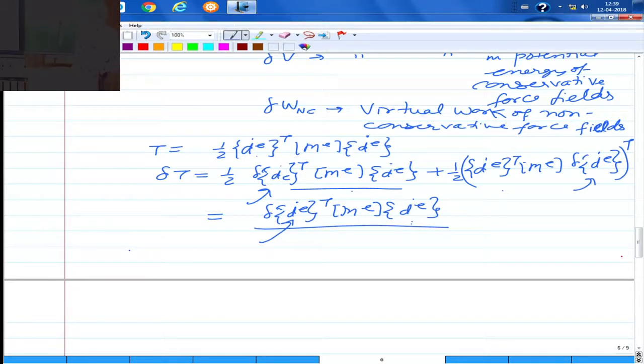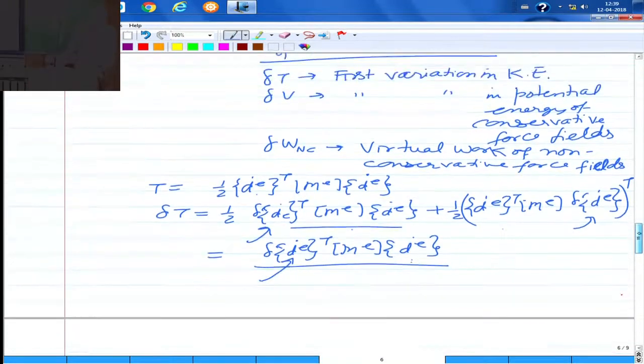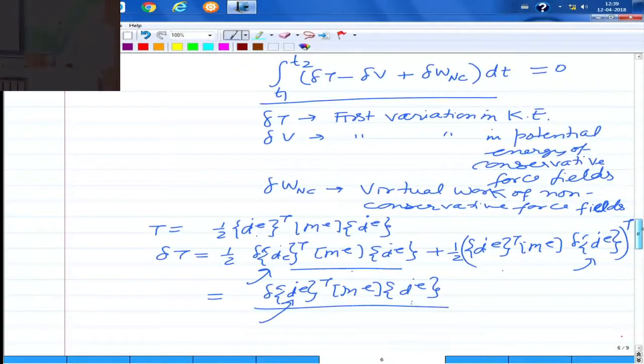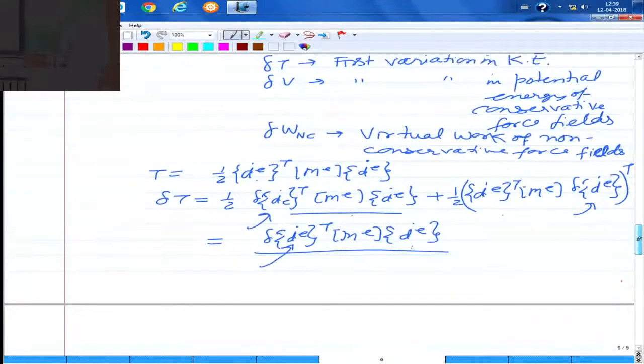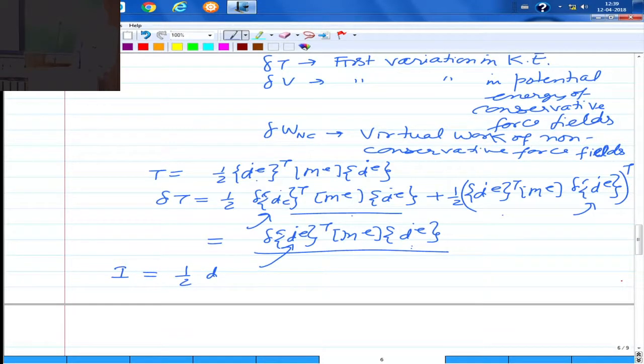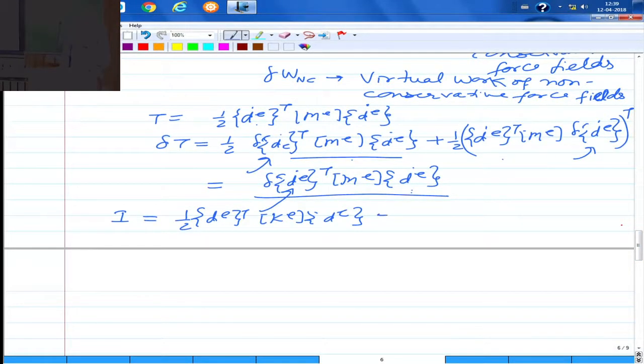Now if you look at the other part, this is straightforward, similar to what we did earlier: the variation of total potential energy. The other part is the virtual work of non-conservative forces. For the static problem, we have already talked about I. We were all the time saying that it is half of dE transpose into KE into dE, and then of course we also had external forces and internal forces.